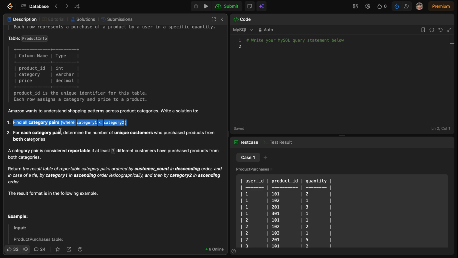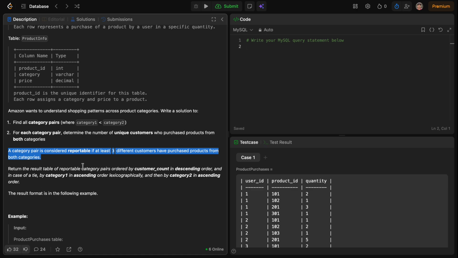The second condition is, for each category pair, determine the number of unique customers who purchased products from both categories. A category pair is considered reportable if at least 3 different customers have purchased products from both categories.